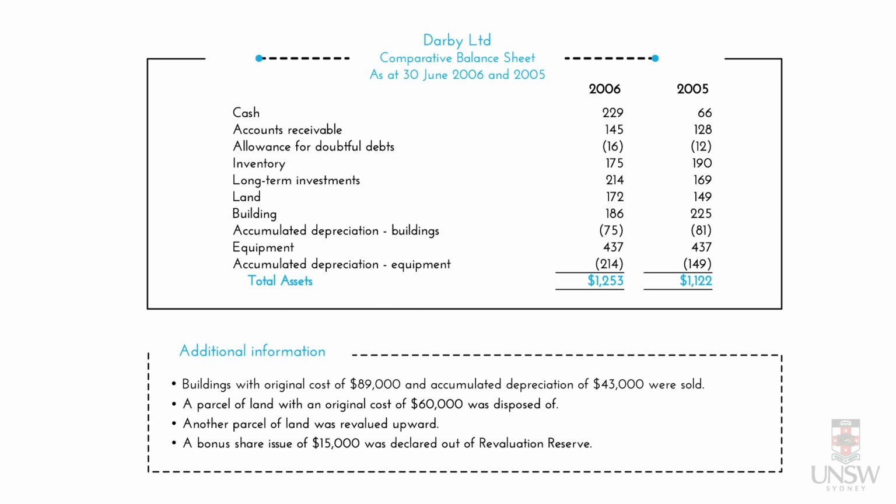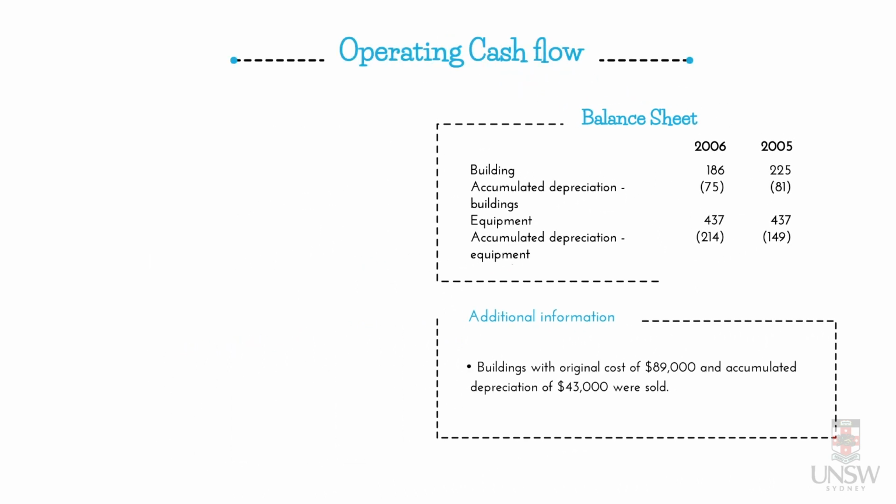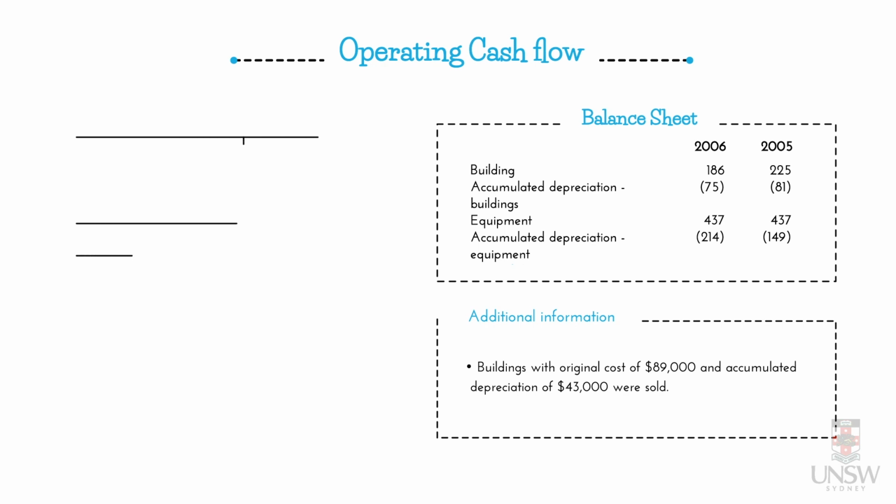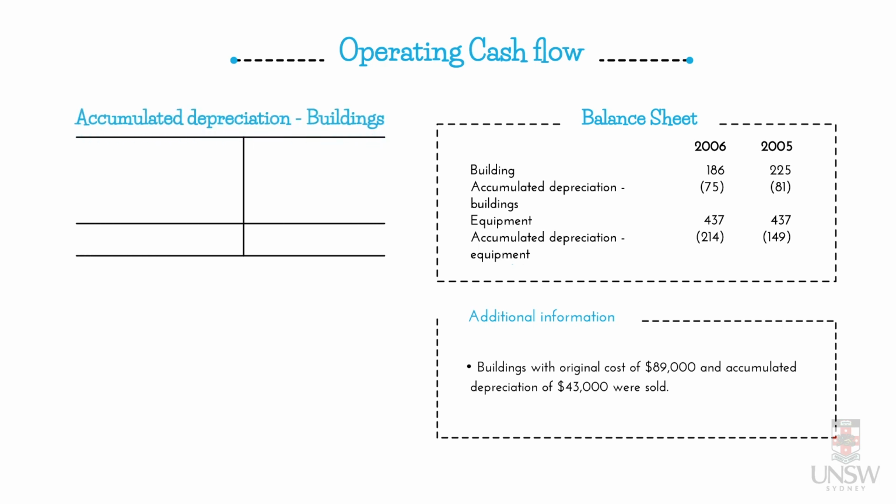Whereas the buildings, on the other hand, we would have to do the long way because it's had a write down. So what we would do is we're going to set up the T account for accumulated depreciation buildings. We put in the opening balance of 81 and put that on the credit side, and on the debit side we put the closing balance 75.